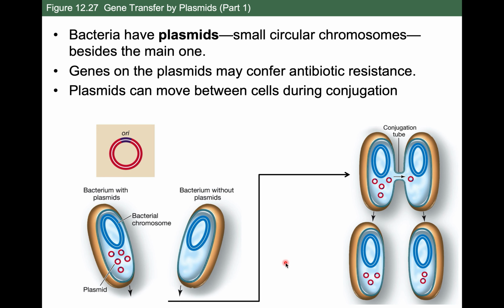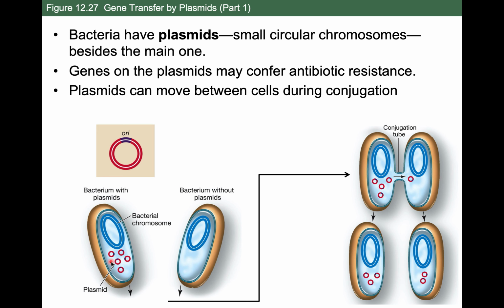Another way bacteria can share DNA, again, this kind of goes back to conjugation tubes here, is via what are called plasmids. Plasmids are these small circular pieces of DNA that you find in a lot of bacterial species. They're not associated with the bacterial chromosome, right, which is a big circular piece of DNA. These are sort of like extra little bits of DNA, and they can actually contain genes.